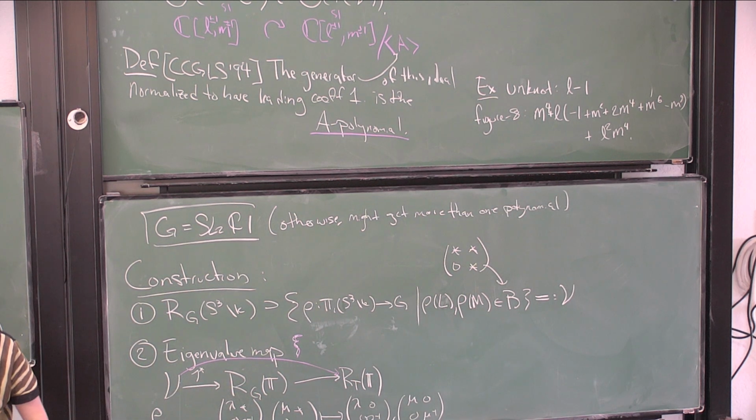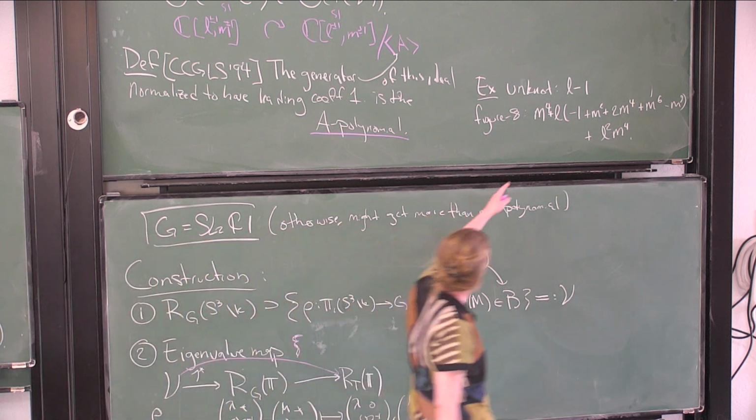Jenny? Yeah. So the A-polynomial is just L plus or minus 1? I mean, it looks like A is just L. No, A then will not just be L. For the unknot, A is L minus 1.